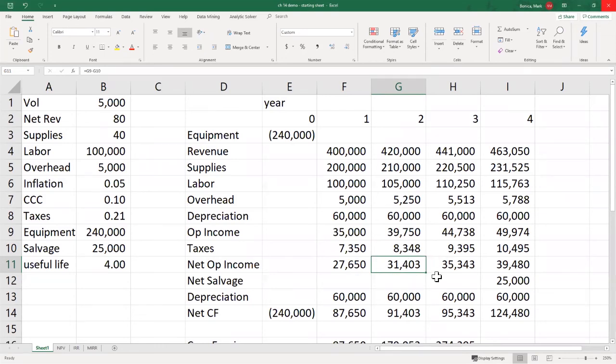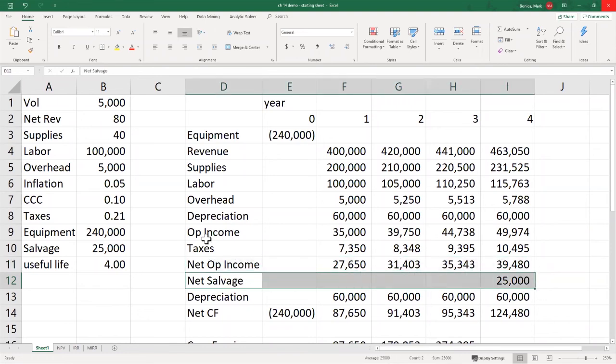One thing we've still got to do, though, is our salvage is happening outside of our taxes. One thing we could have done was put the salvage value in as part of the operating income. That would be an option. We could take this whole row and move it up here. I'm not going to do that right now.